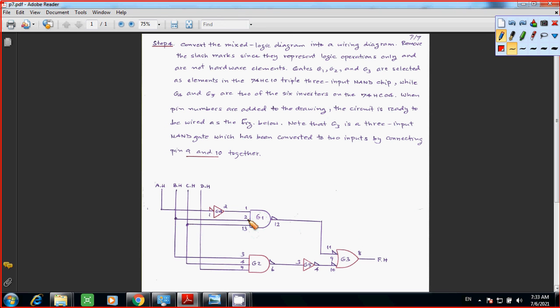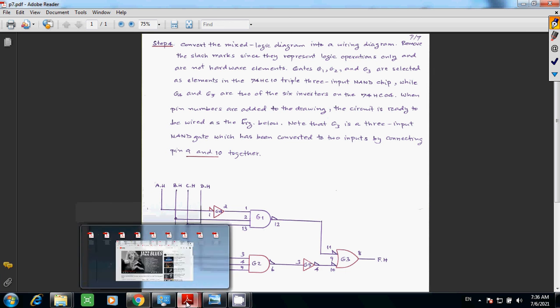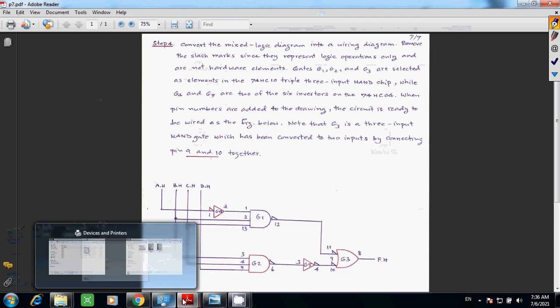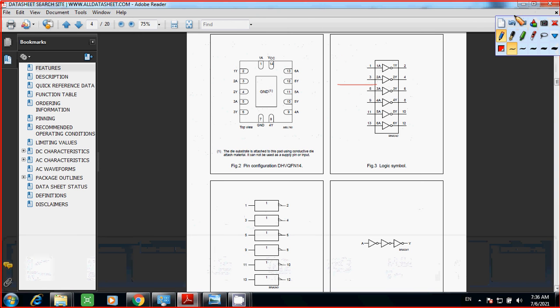And if you go to the data sheet of the 3 input NAND gate, the 2 input, and the voltage inverter, you will see your pin labels. So let's see, actually I have it somewhere here. This one is the 74HC04 inverter. You can see that they have 6 of them. 6 voltage inverters.